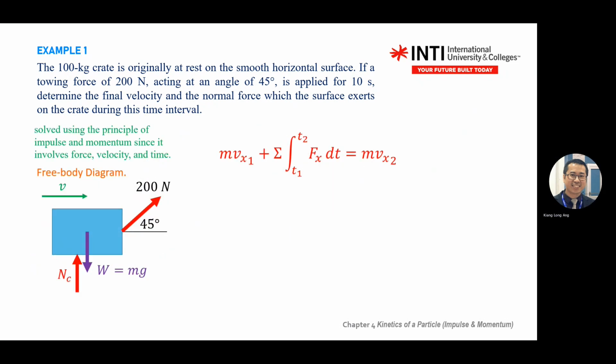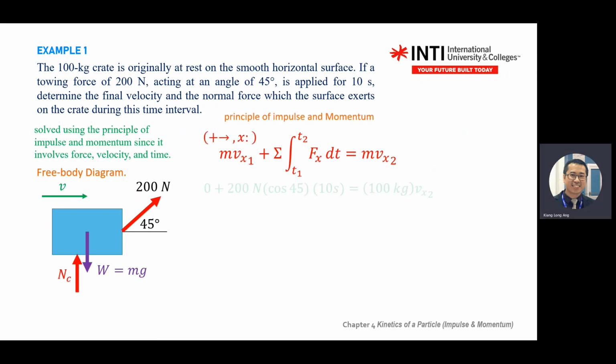Then you pull in the principle of linear impulse and momentum. Momentum before the incident plus the change of linear impulse equal to the momentum after. You look at x direction only, and then you solve for x direction, you solve for y. Same equation, but they break into two directions, x direction and y direction.